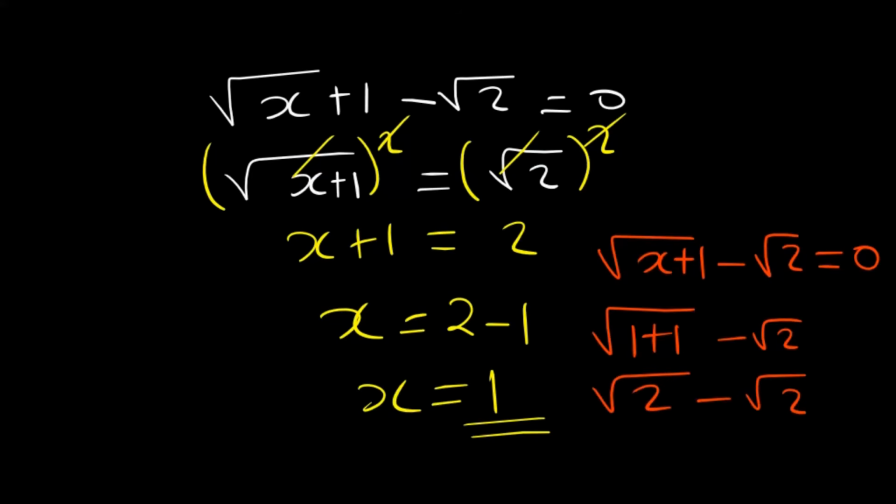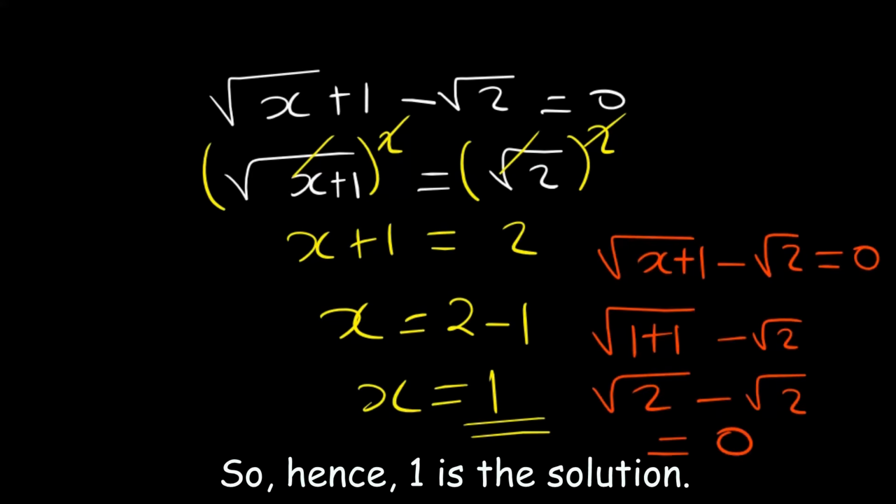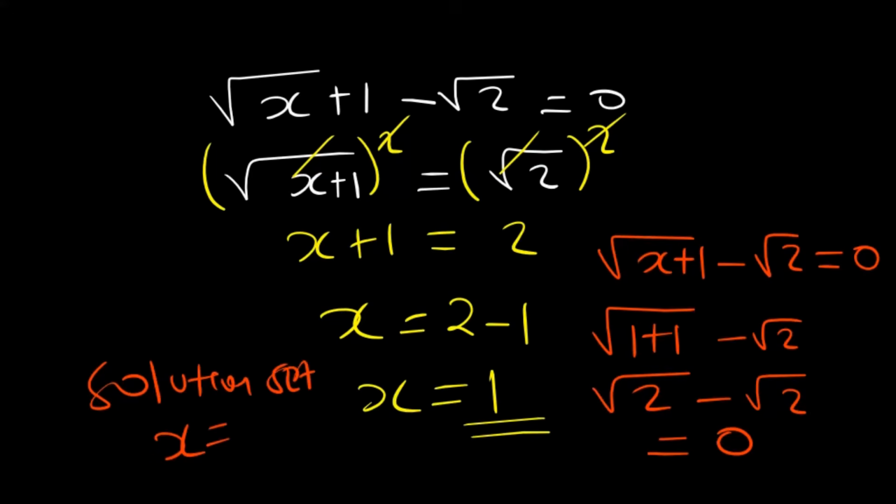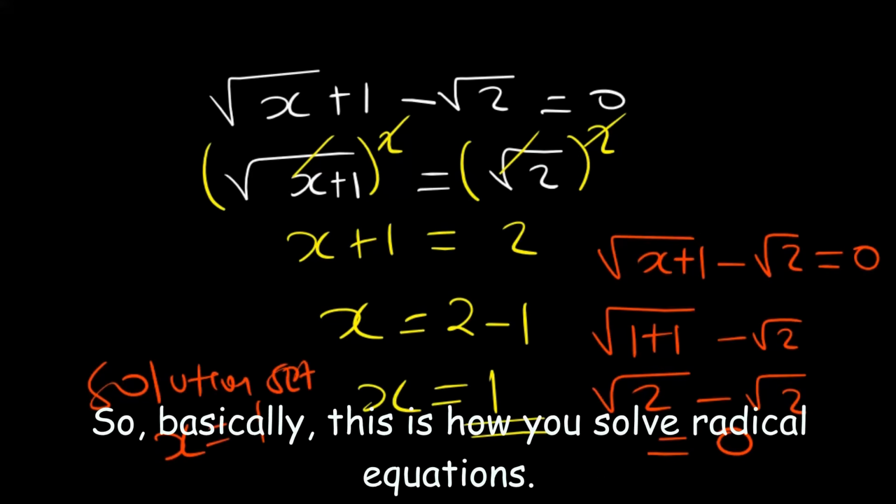You're able to see that the root of 2 minus the root of 2 will just give you 0. So hence 1 is a solution. So the solution set will be x is equal to 1. So basically this is how you solve radical equations.